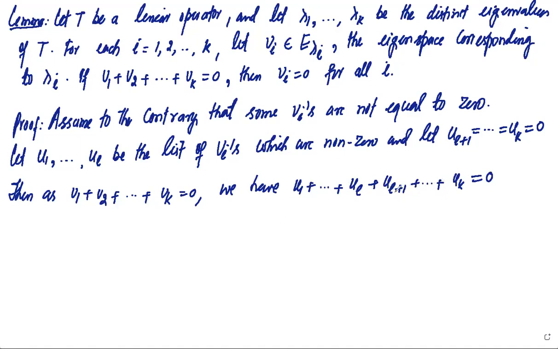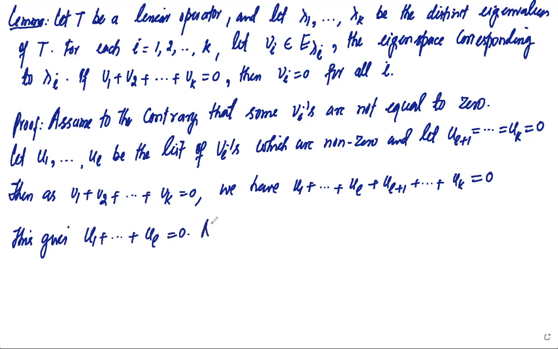Since we are assuming that ul plus 1 up to uk are identically equal to 0 and only the first l vectors are non-zero, this gives u1 plus so on plus ul is equal to 0, where we are assuming that each of these is not equal to 0.